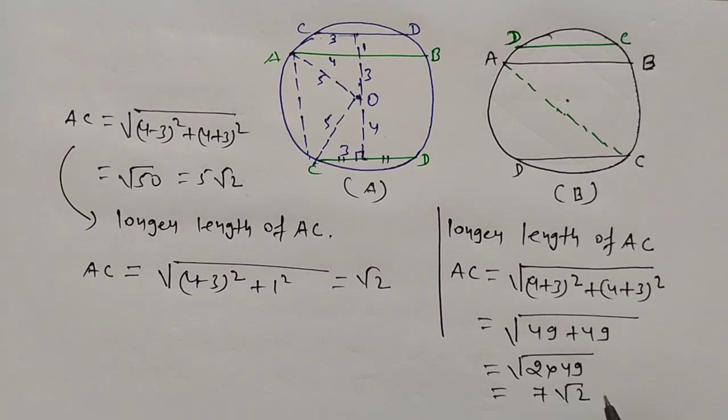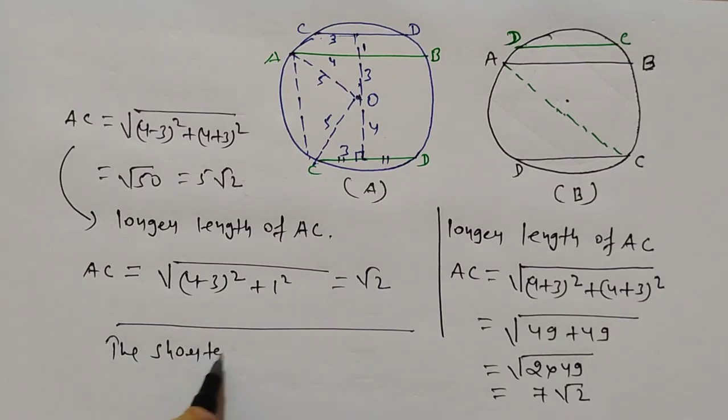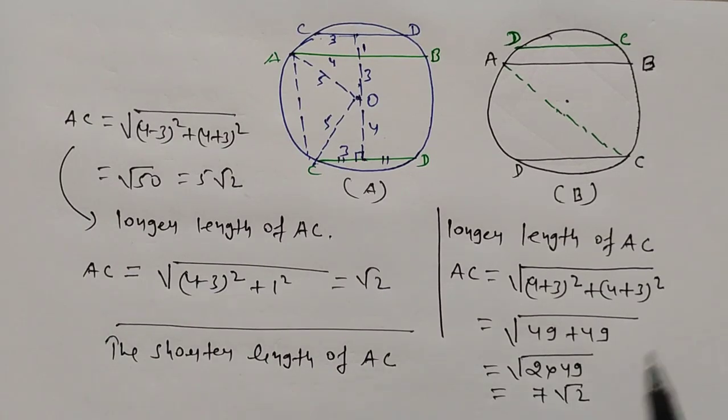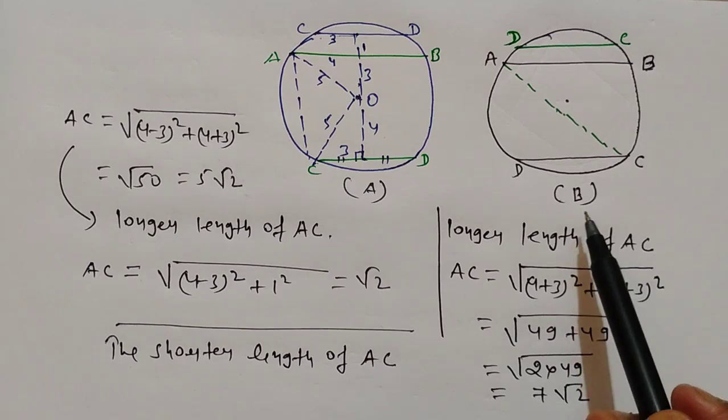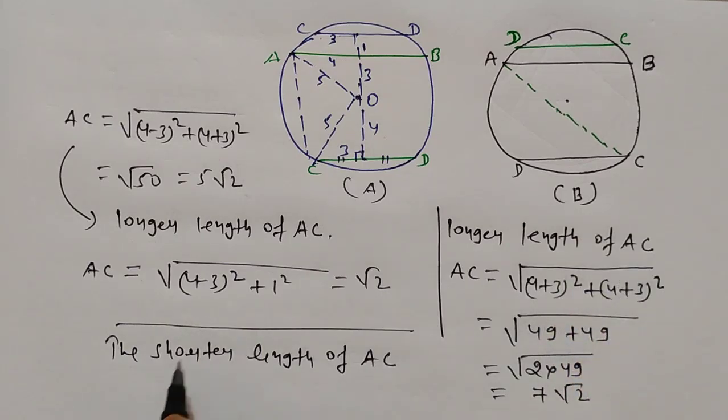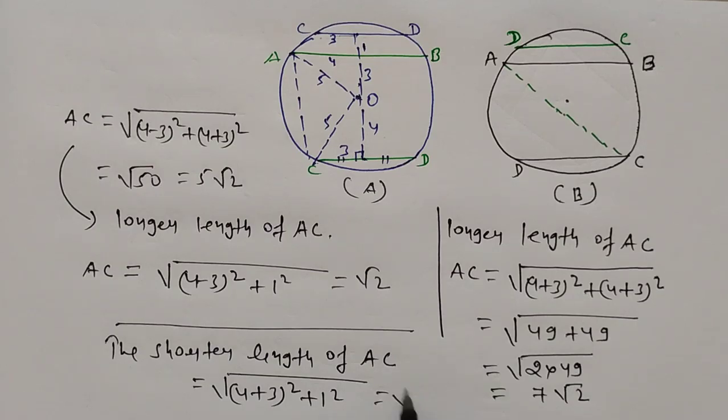And the shorter length of AC can be given by the square root of (4 plus 3) whole square plus 1 square, and this is equal to the square root of 50, means 5 root 2.